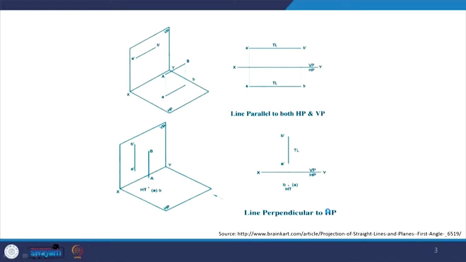Now, these lines could be placed in the first quadrant, which is what we are considering, in multiple ways. So, let us look at some of these ways in which these lines could be placed. The first one, which is very simple, is when the line is parallel to both HP and VP, the horizontal plane and vertical plane.